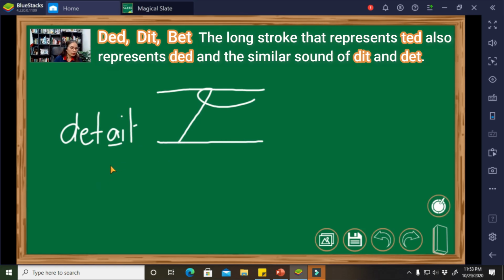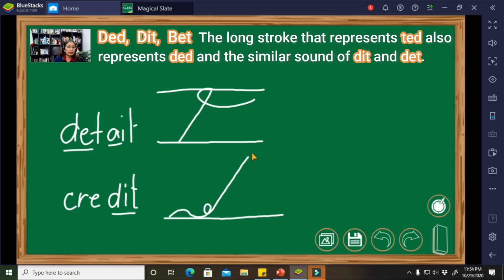Okay. Next, we do have the word credit there. That is the lesson that we have here. So a wave-like motion, then an E, and the straightforward. Credit. Okay.